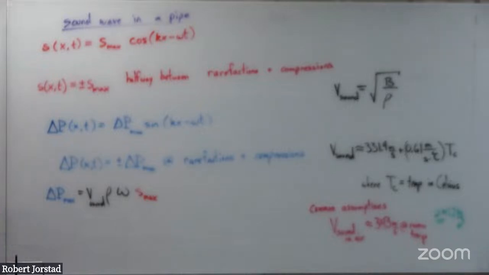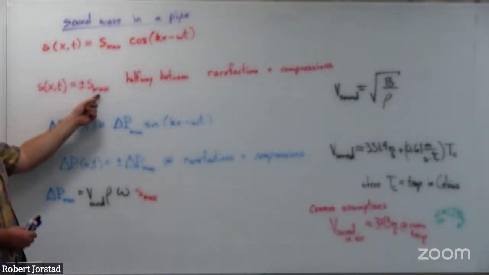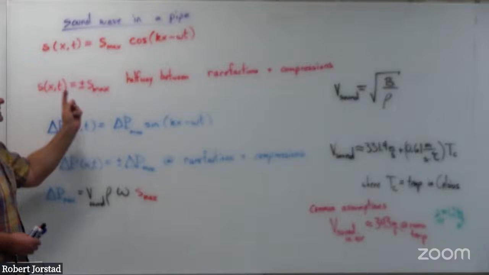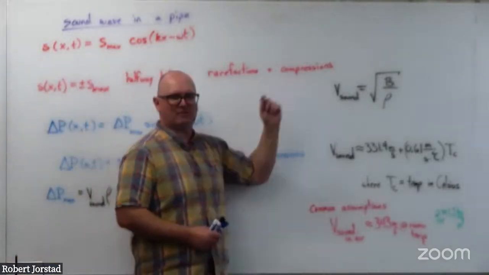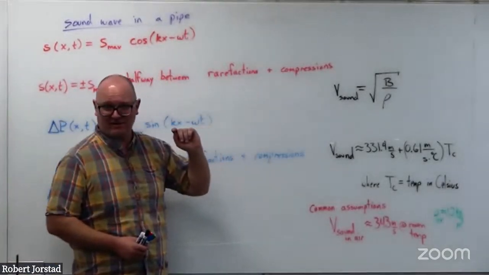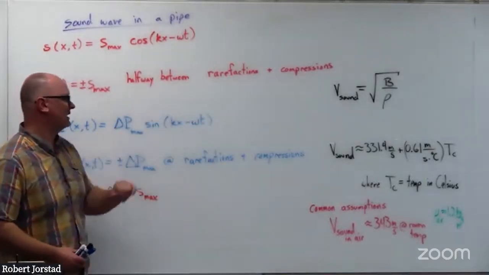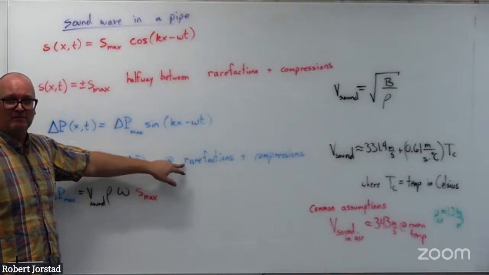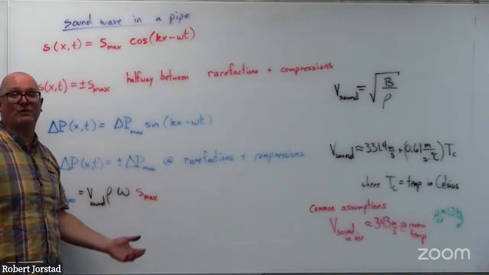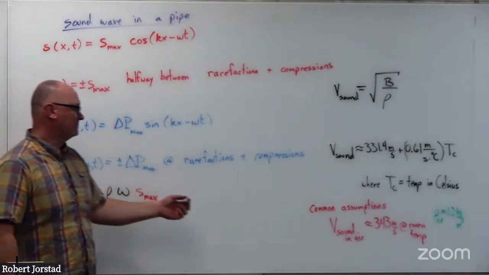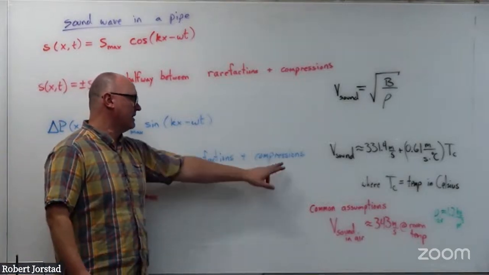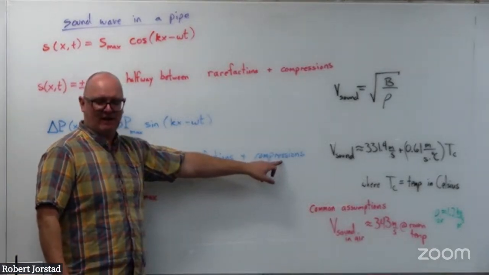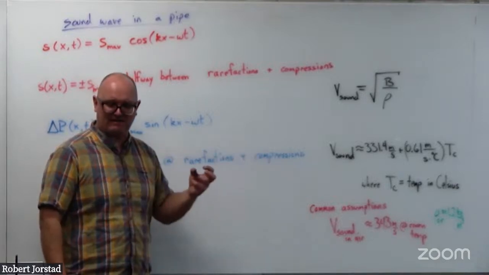To be clear, the maximum displacement, positive or negative, does not happen at the rarefactions and compressions. That's kind of interesting. It happens halfway between. The rarefaction, I want you to think of as an overpressure minimum, which is also a local pressure minimum. And compressions, I want you to think of as an overpressure maximum.